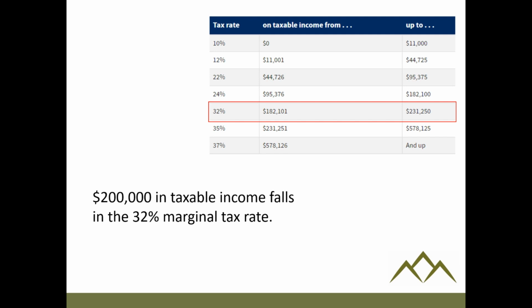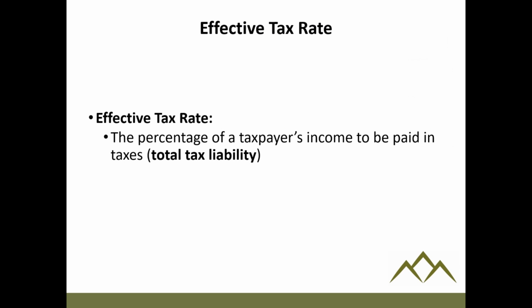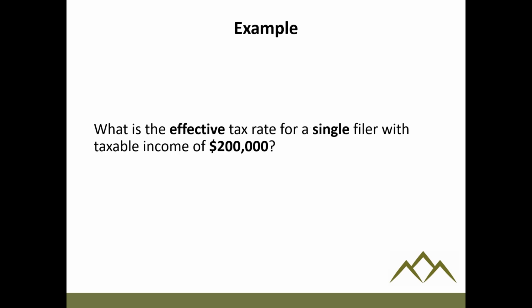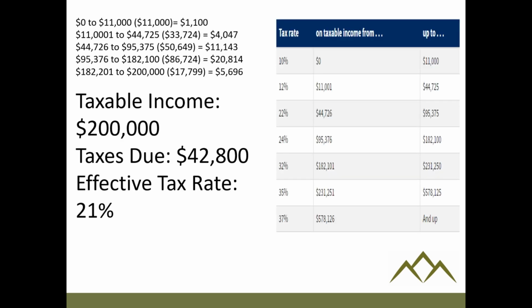And if we go into how the effective tax rates actually work on our next slide, this is the percentage that you actually end up paying. In this example, what is the effective tax rate for a single tax filer who made $200,000? I've included a lot of math, but that's just to illustrate. You see that 0 to 11,000, they're paying 10%.